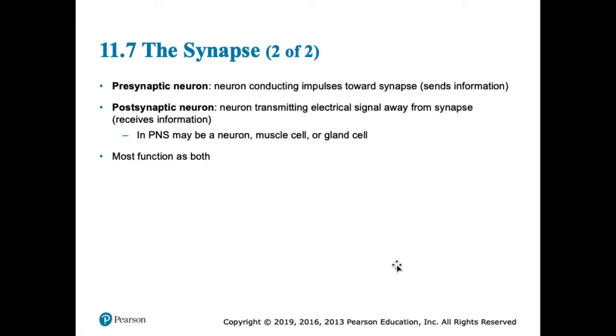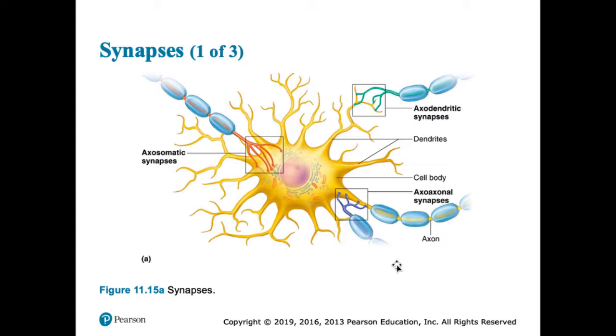So in the PNS, the postsynaptic cell may be a neuron, a muscle cell, or a gland cell, but most neurons actually function as both. So you can kind of see here an axosomatic synapse. You can see these myelinated fibers, and you've got the cell body here.